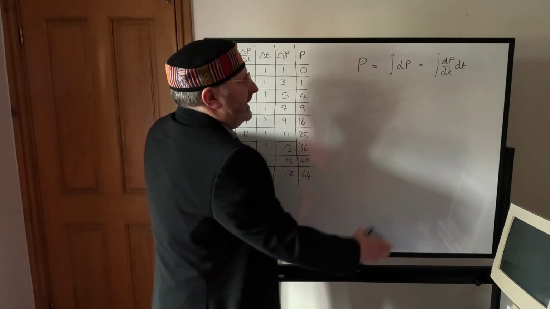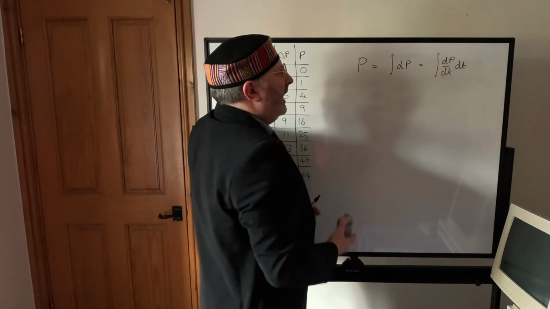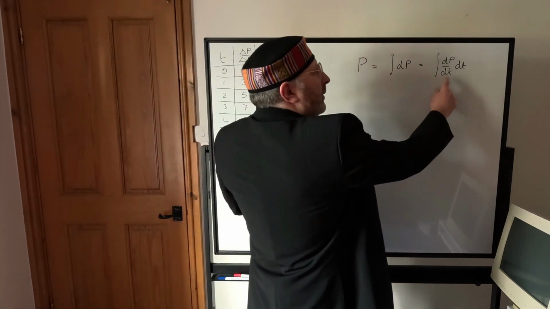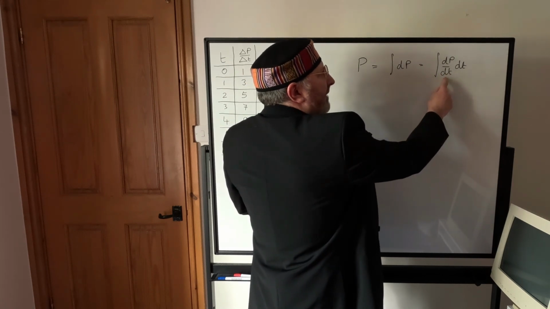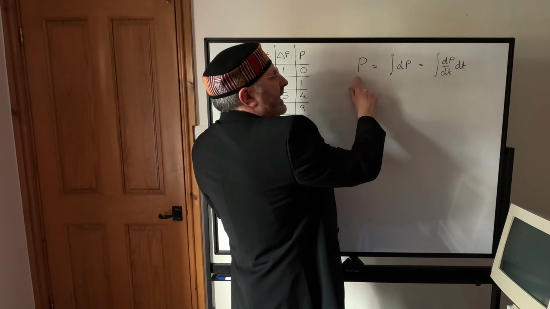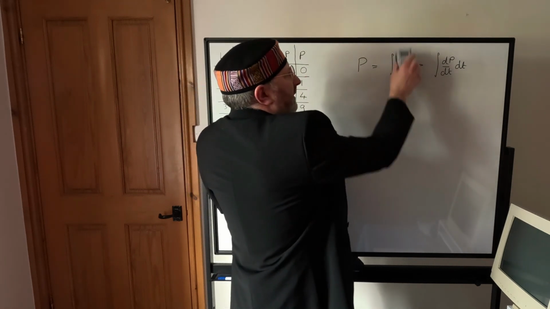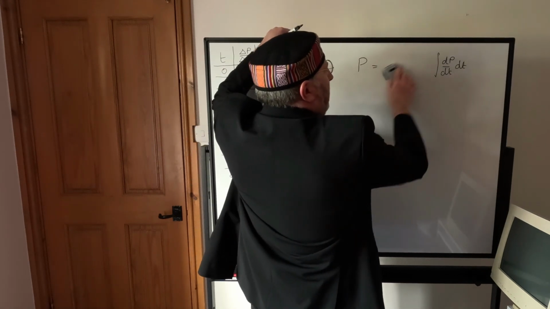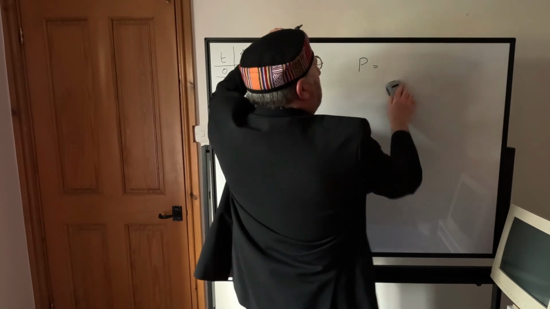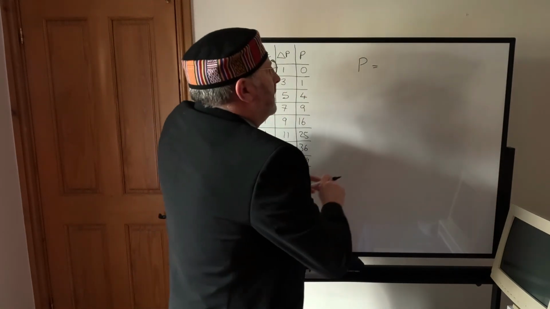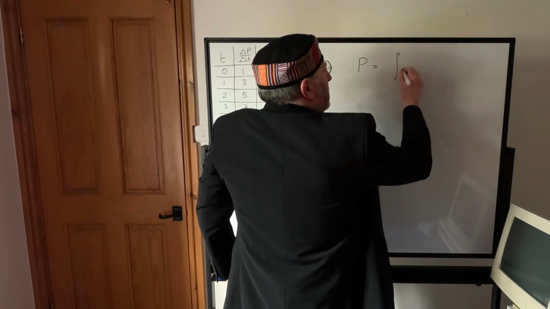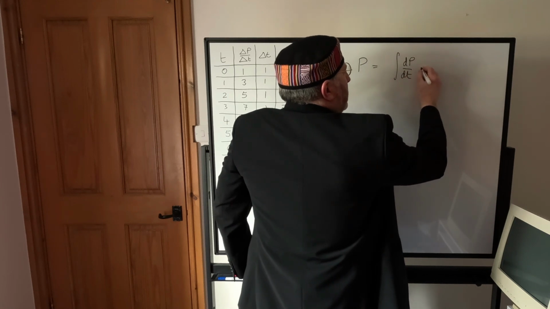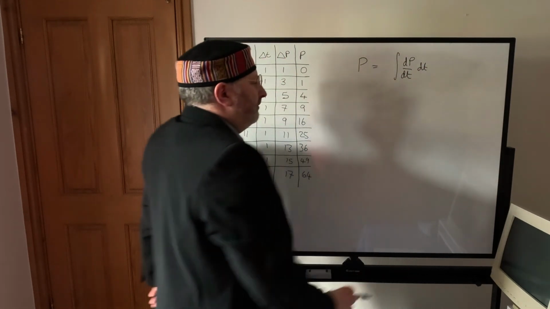And we don't really need this middle part. That's really just showing where this comes from, but the situations we'll face are where we're given dp by dt and we want to work out p. So we don't really need that, it just explains why these two are equal. So again, let's get rid of that and write: p is going to be the integral of dp by dt dt.